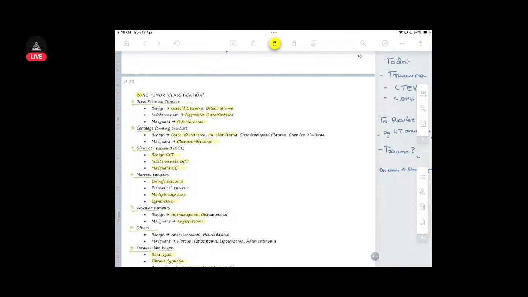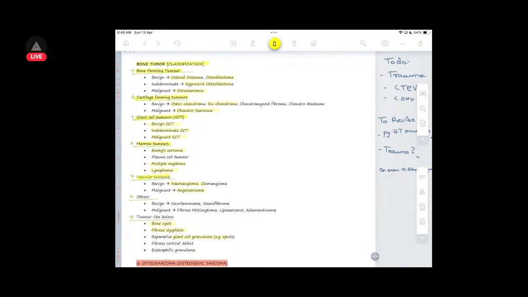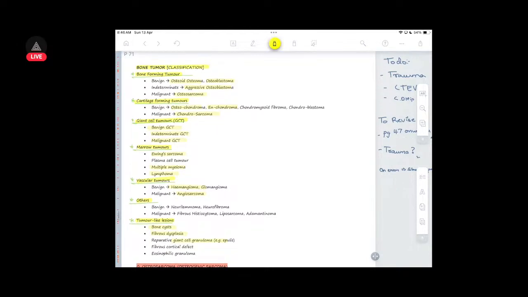Okay. Bone tumor classification: you have bone forming tumors, cartilage forming tumors, giant cell tumors, marrow tumors, vascular tumors, others, and tumor like lesions. Bone forming tumors: in benign, you have osteoid osteoma and osteoblastoma; in aggressive, osteoblastoma; and in malignant, osteosarcoma.